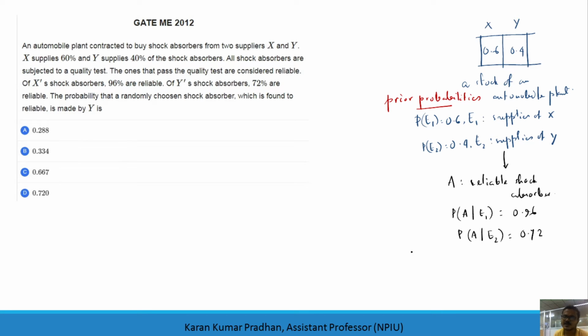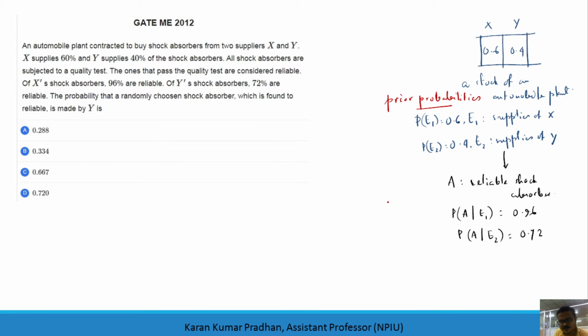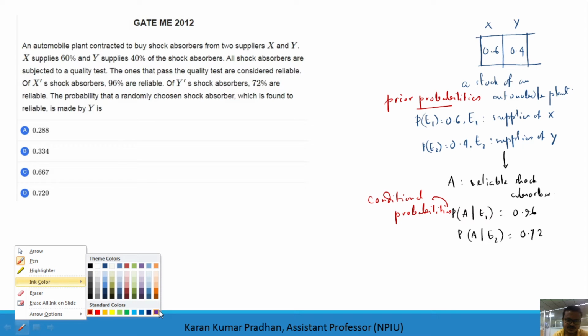So these are the conditional probabilities, as you all know. Then if you are supposed to get the information about A, you have to take the joint probability.